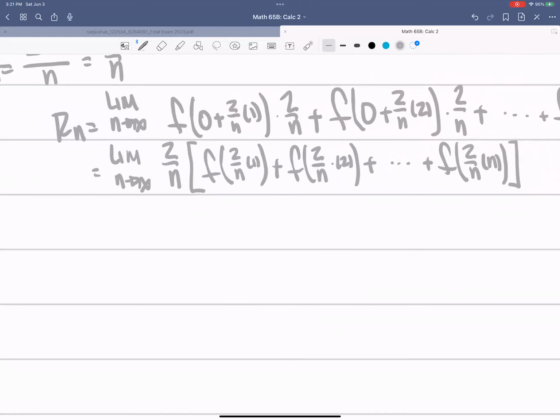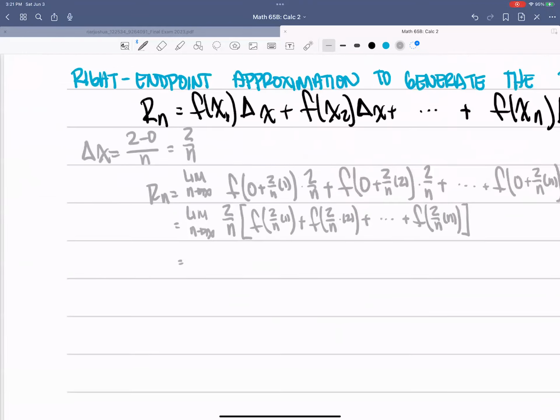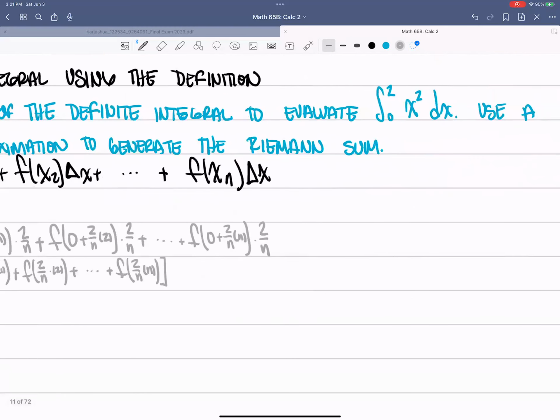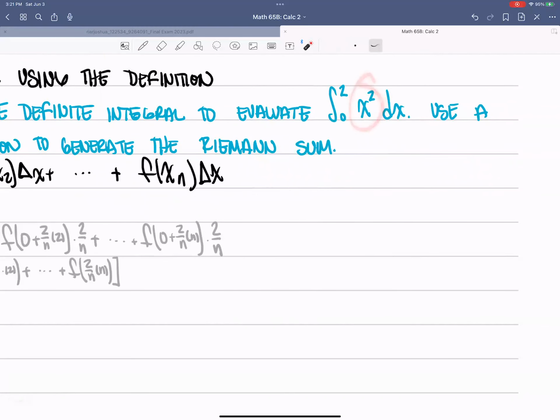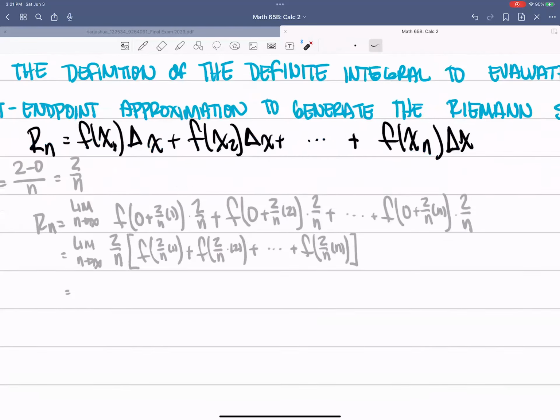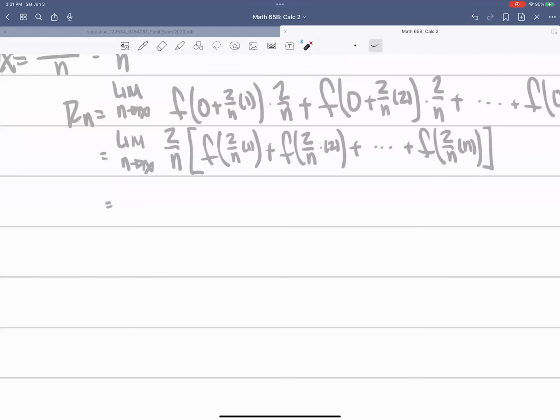I'm liking it, but let's try to, what was the function we were looking at? X squared. So let's evaluate that function at those points, see if it makes a little bit more sense, see if we could apply some of the knowledge that we've learned in the past.